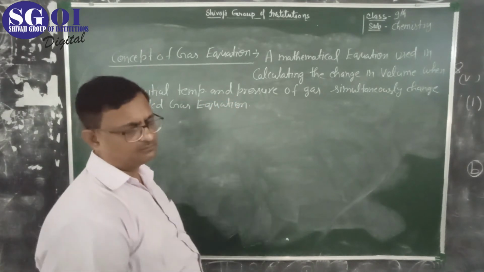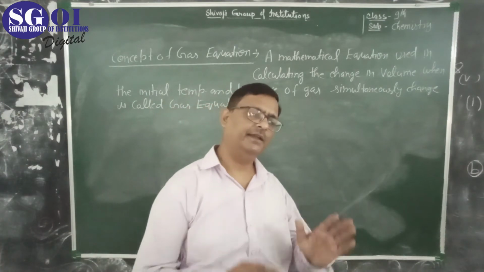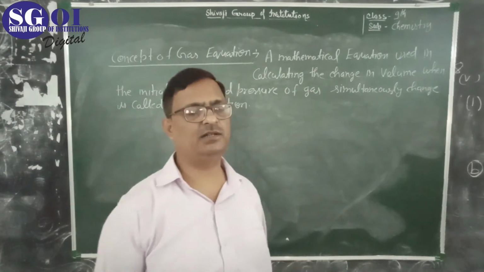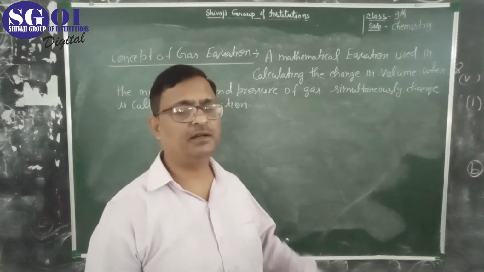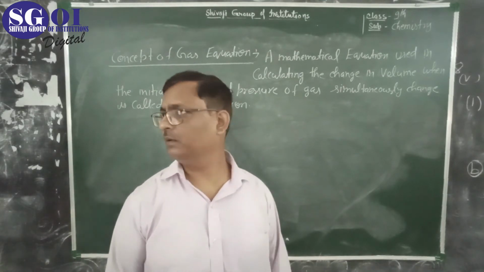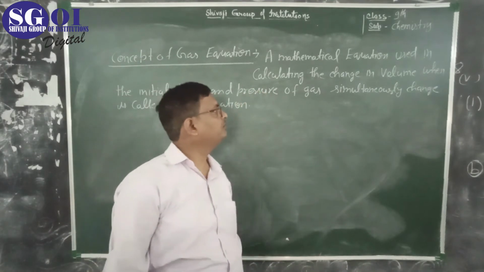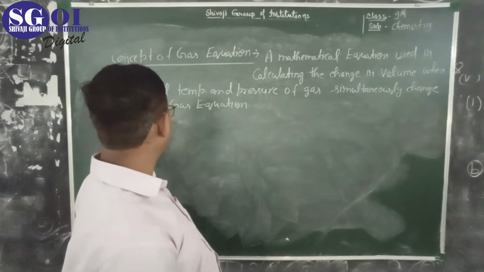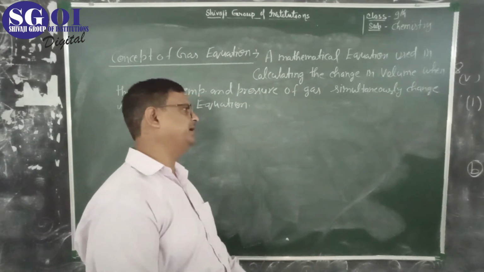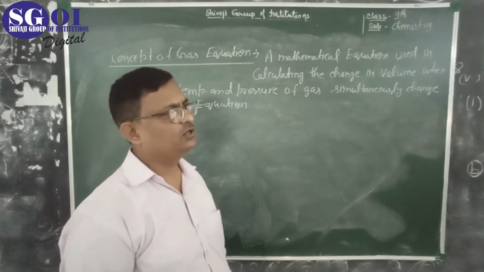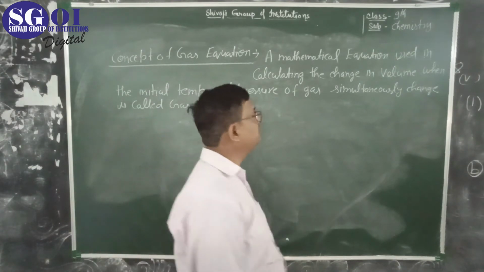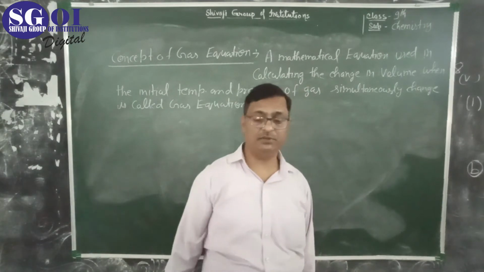It means if we place a gas in a container, then initial volume changes by changing the temperature and pressure of gas simultaneously. So the equation is known as gas equation.